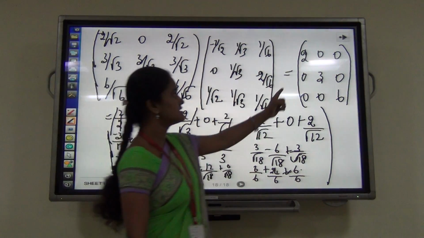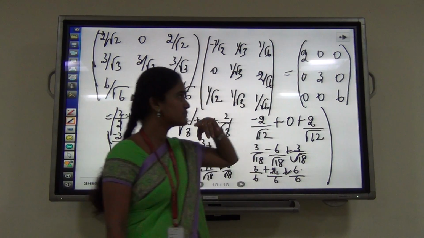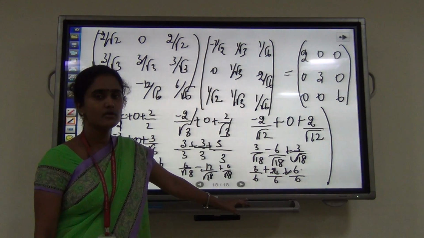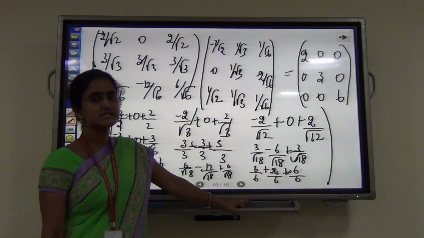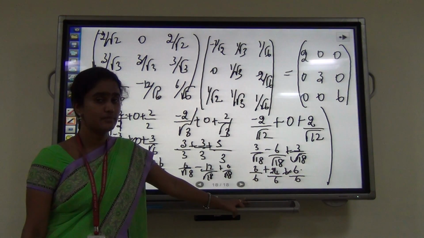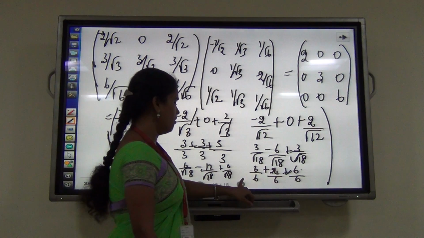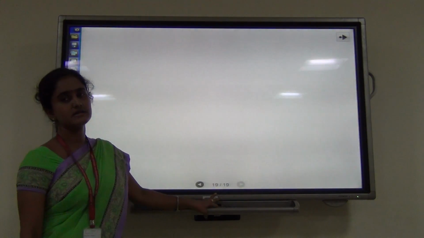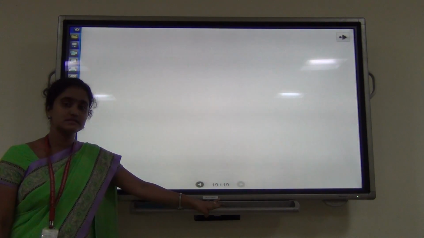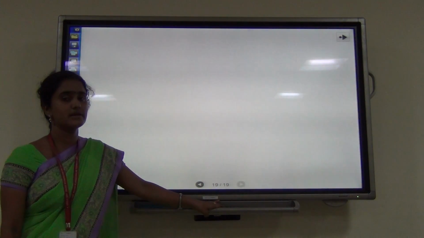Since the eigenvalues are 2, 3, 6, we say the eigenvalues are not repeated. Eigenvalues are unique. We may have cases where the eigenvalues are repeated. As we solve many problems, we can get repeated eigenvalues and non-repeated eigenvalues and so on.